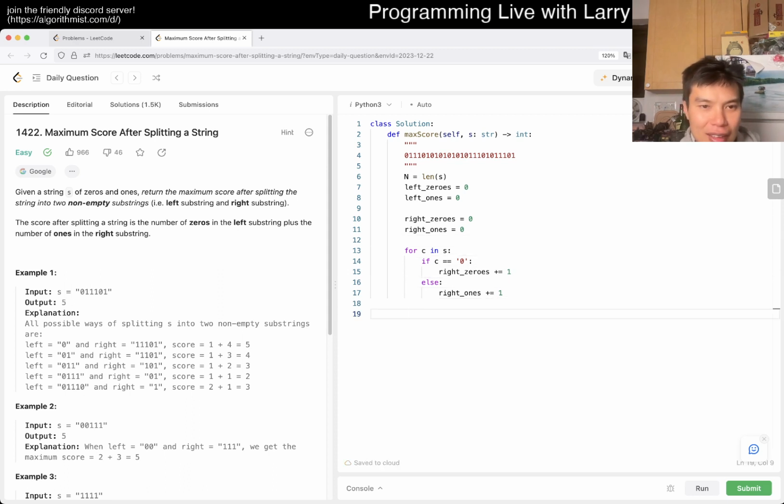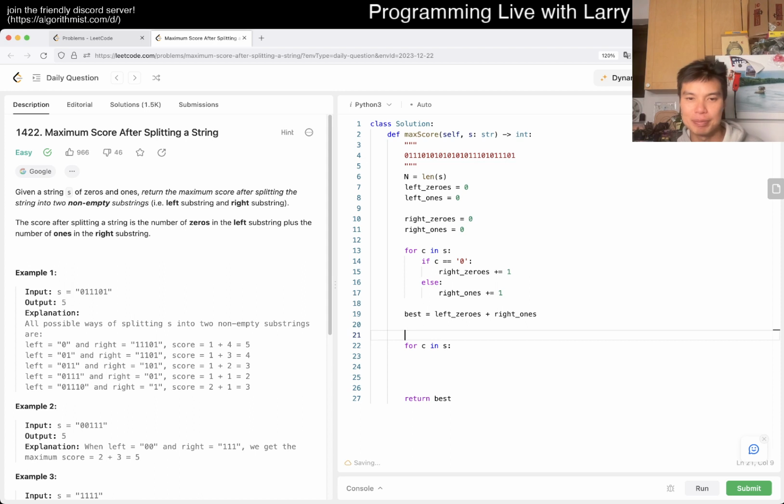So the number of zeros on the left plus the number of ones on the right. The current score is going to be left zeros plus right ones, pretty straightforward. We return best at the end. And now we're trying to move c from right to left.